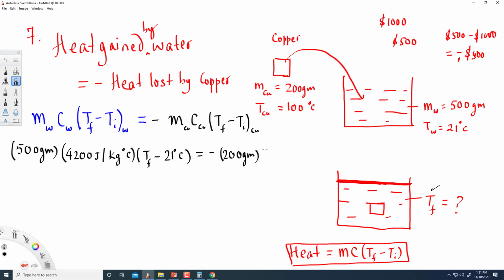Specific heat of copper is given, 386 joule per kilogram per degree Celsius. Final temperature of copper, need to find that. Initial temperature of copper is 100 degrees Celsius. Okay. So we can cancel this gram and gram unit, same unit. 2 zeros on this side and 2 zeros on this side. You can cancel that.